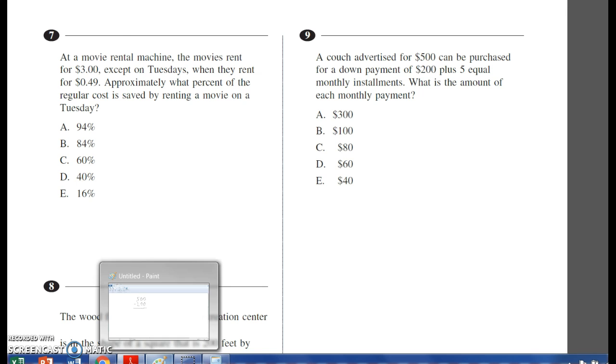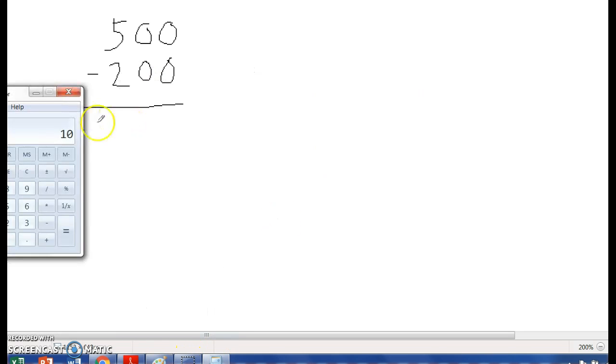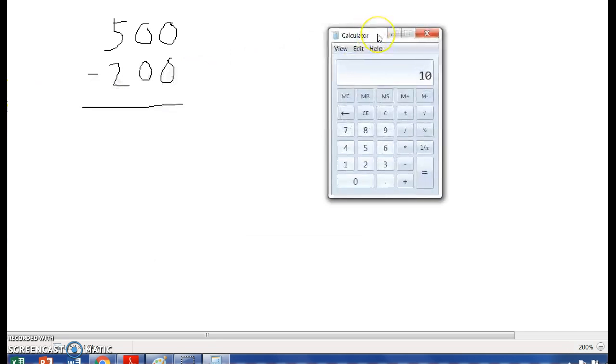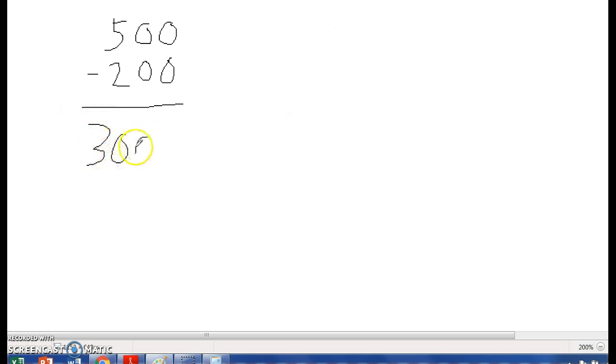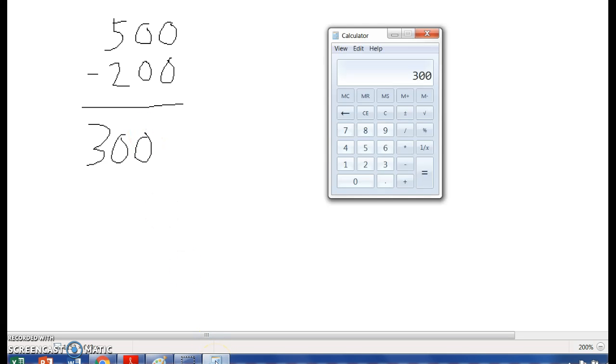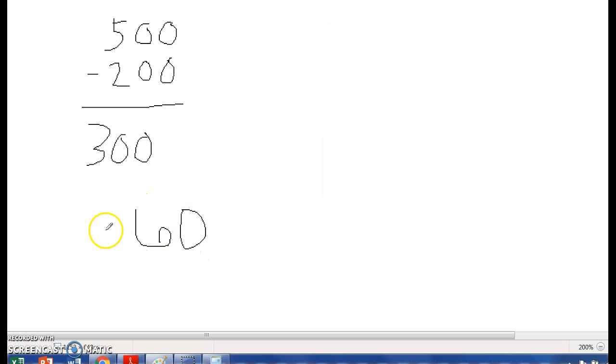And then we're going to have 5 equal monthly installments. So we're going to take our $500, subtract 200 from it, and that's going to give us $300. Then we're going to take that $300 and divide it by our 5 monthly installments to get $60 a month for our 5 months.